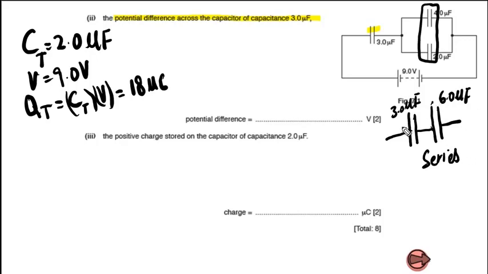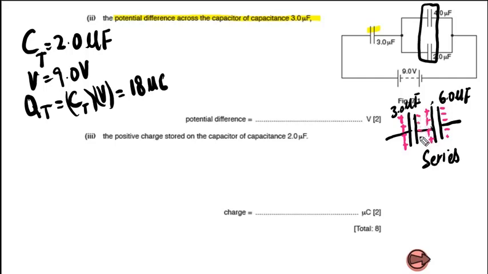So what exactly does the same amount of charge mean? It means this capacitor has a charge equal to 18 microcoulombs, and this capacitor also has a charge on its positive plate equal to 18 microcoulombs as well.